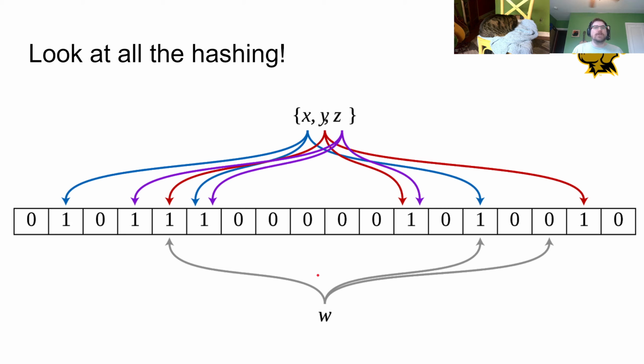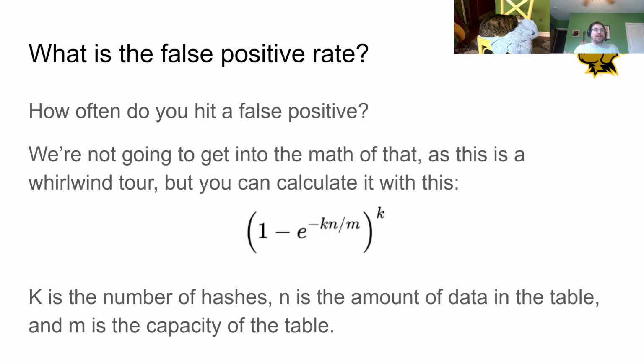So the more hashing we have and the larger the array we have, the lower we can reduce this false positive rate. So what is the false positive rate? This is a bit of a whirlwind tour, so we're not going to get into the math of it. But the false positive rate for k number of hashes, n items in the array, and m being the size of the array, is (1 - e^(-kn/m))^k.